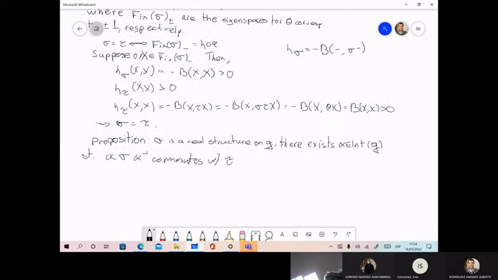Okay. Furthermore, alpha can be taken to be this phi to the minus 1/4, where phi is just sigma tau squared.